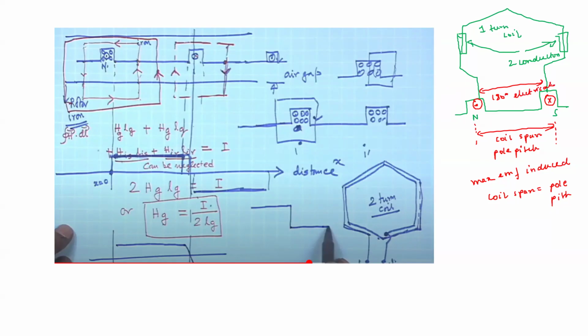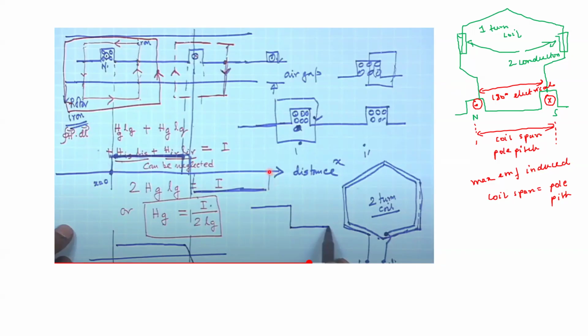These things are already discussed by sir, I've just written this down. So I hope you understand that this is the same picture, with one end of the coil here and the other end here. Now we will try to see what is the MMF induced.